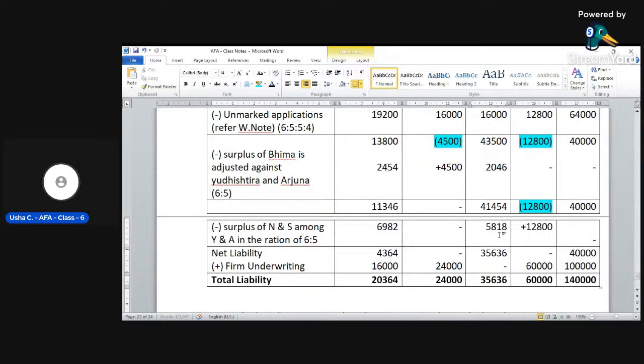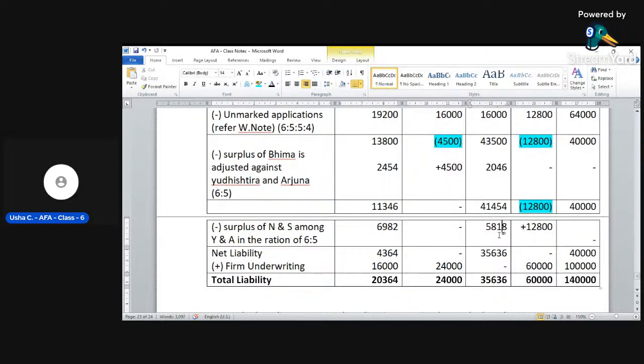Out of this, the company received 16,000 applications from the public, and of these 16,000, 10,000 belong to me and the remaining 6,000 belong to the other underwriter. These are marked applications.